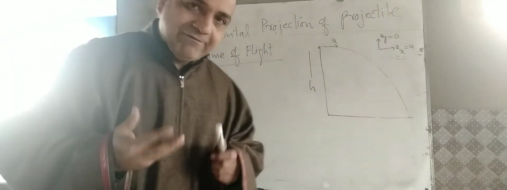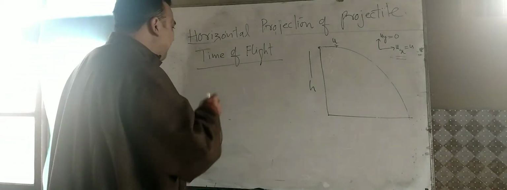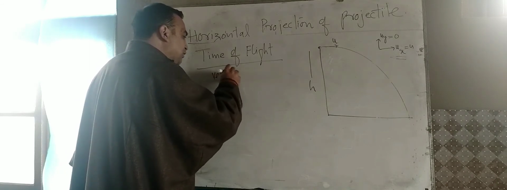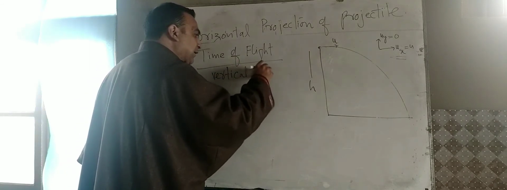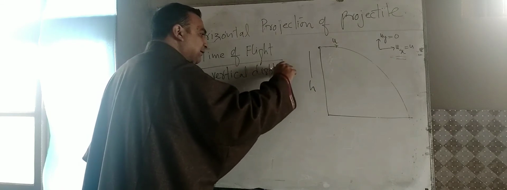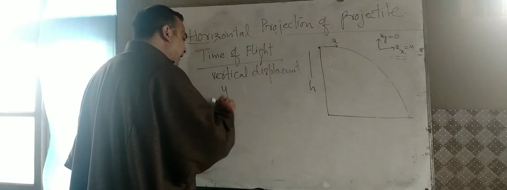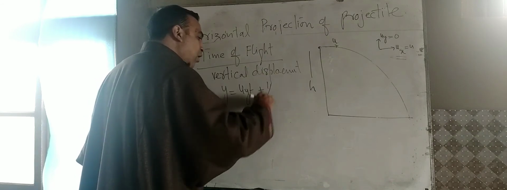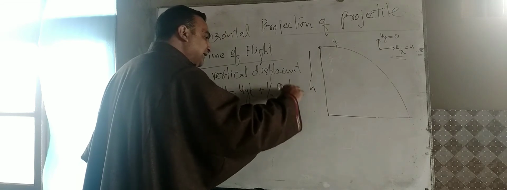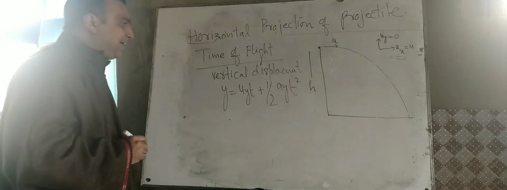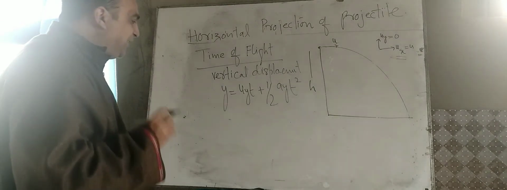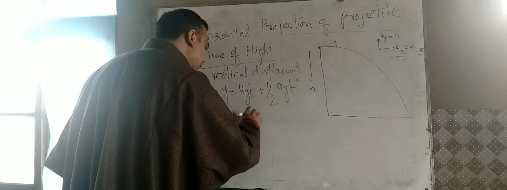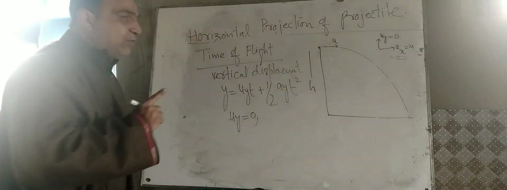So in evaluating this, we will write the vertical displacement of the projectile. So what is vertical displacement here? Vertical displacement y is equal to uy t plus 1/2 of ay t square. Now you can see in this case the initial vertical velocity is 0, so I will say uy is 0. In this case, ay is the acceleration.